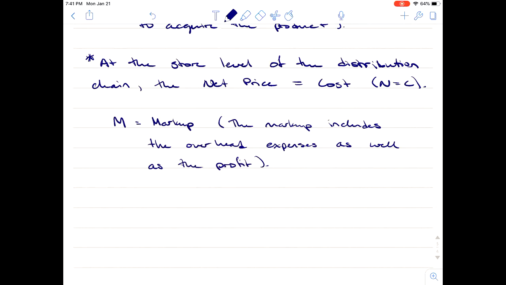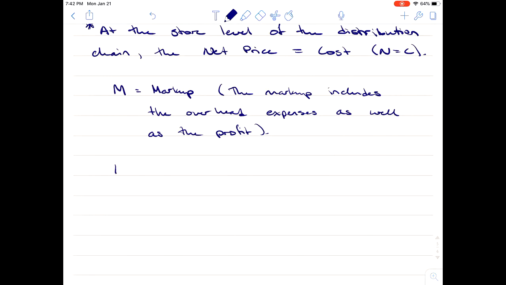So on your formula sheet, I'm not going to read from left to right anymore. Now I'm going to read down. Gets a little confusing, right? But because we've got M and then we've got a formula for M, that's what I want to introduce. So the markup, in the formula for M, we've got E, and E stands for the overhead expenses.